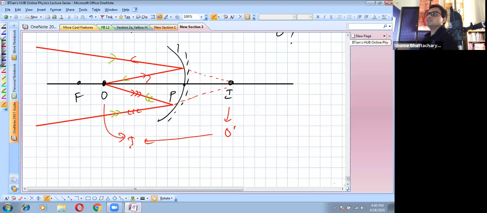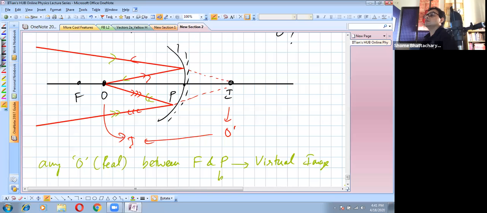Okay. So we see that any real object which is between pole and focal point, between focal point and pole, gives you a virtual image between plus infinity and the pole.